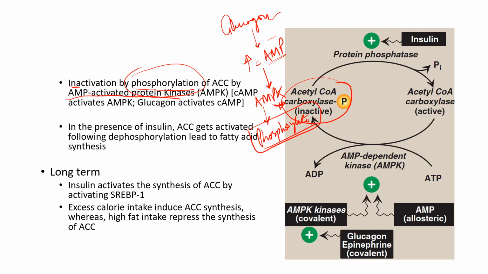However, on the contrary, the insulin causes dephosphorylation by protein phosphatase enzyme. So insulin activates this enzyme, protein phosphatase, and due to dephosphorylation, acetyl-CoA carboxylase gets activated. So this is a short-term regulation, that is the allosteric as well as covalent modification.